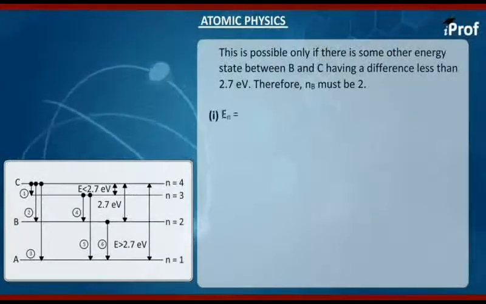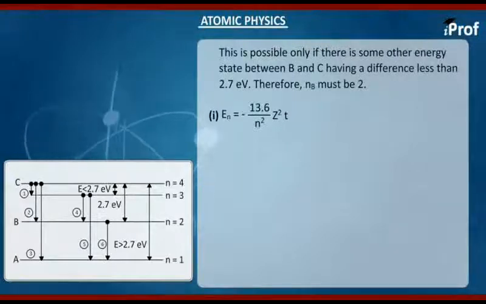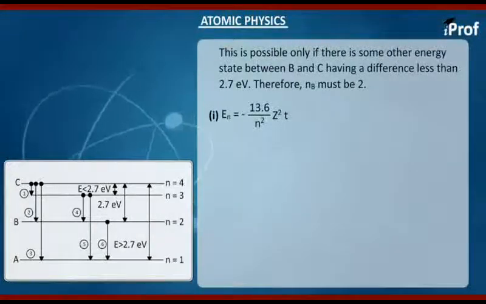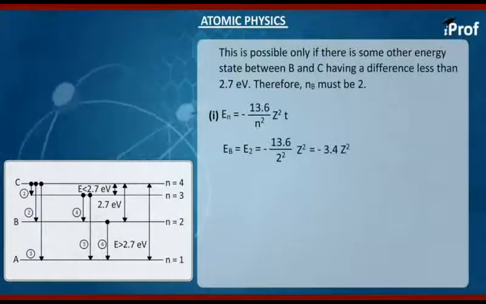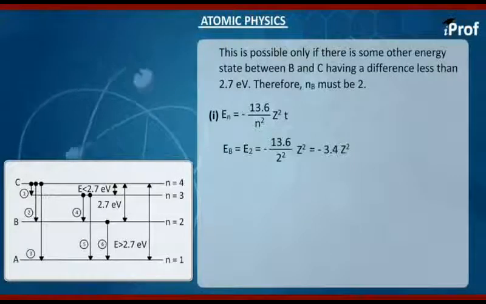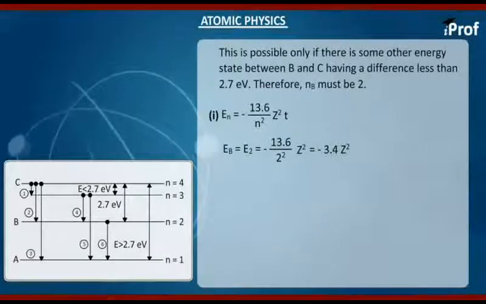Now we know that En is equal to minus 13.6 Z square upon N square. So this EB will be equal to E2, minus 13.6 divided by 2 square into Z square, which is equal to minus 3.4 Z square.